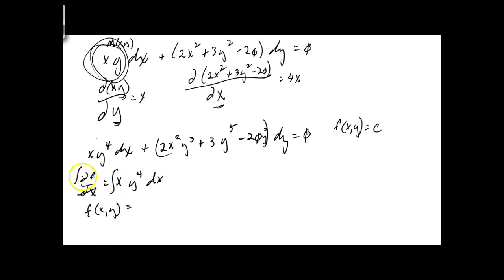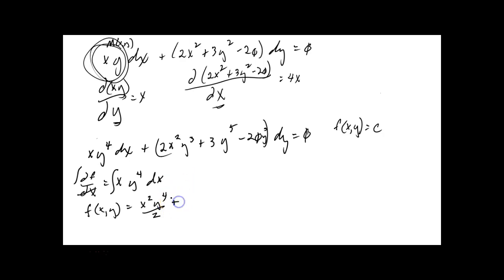The integral of a perfect derivative is just what's left. So we integrate this with respect to x. Well, the y fourth is like a constant, so let's pretend we move that out front. And the antiderivative of x would be x squared over 2. So this will be x squared y fourth over 2.